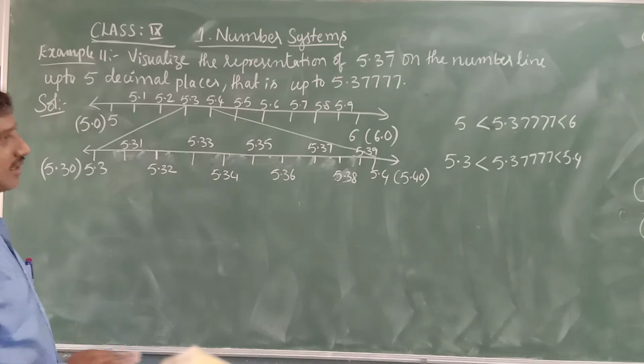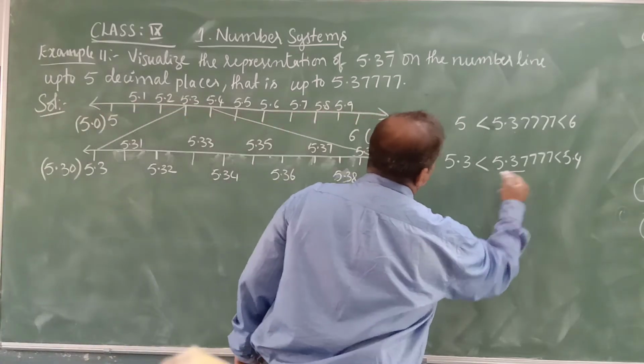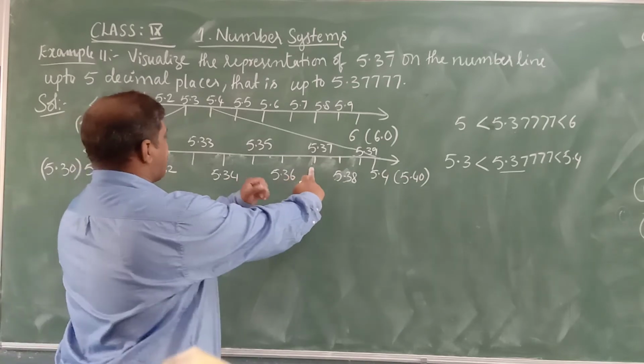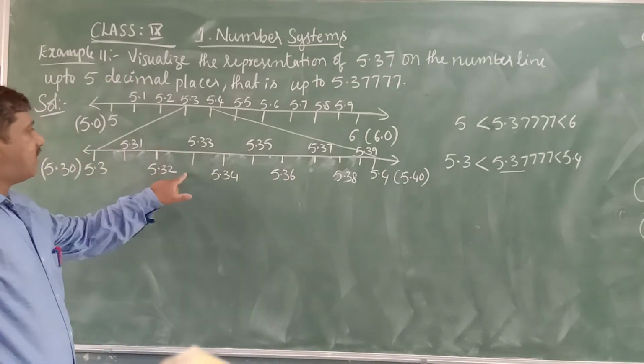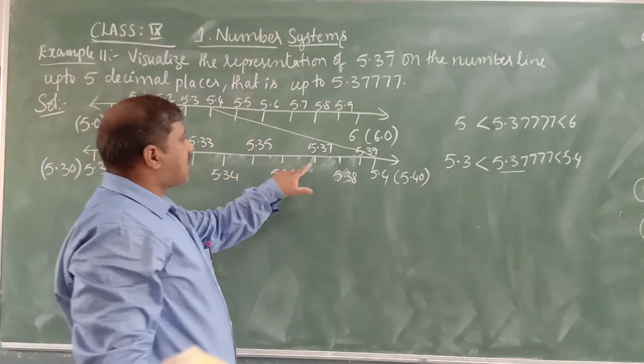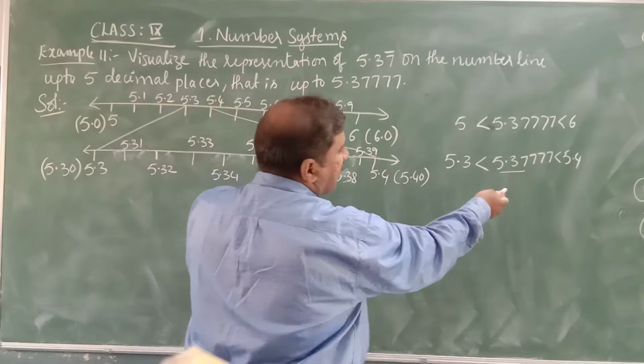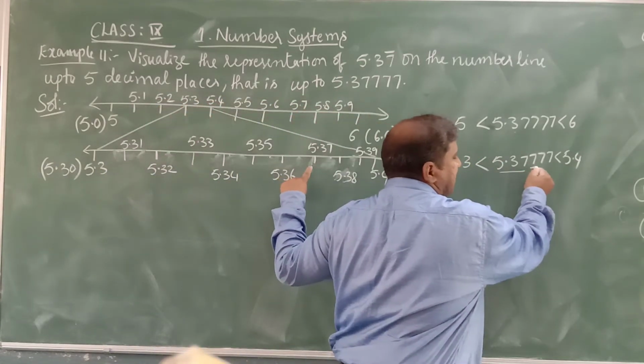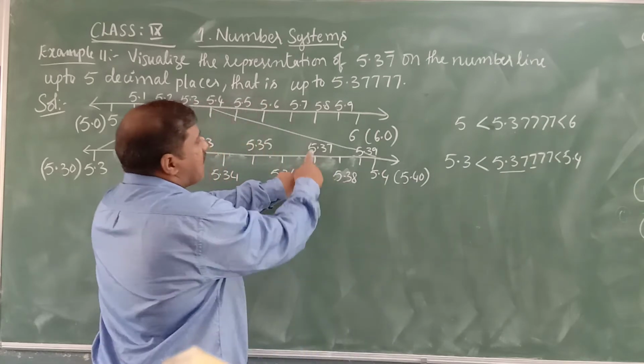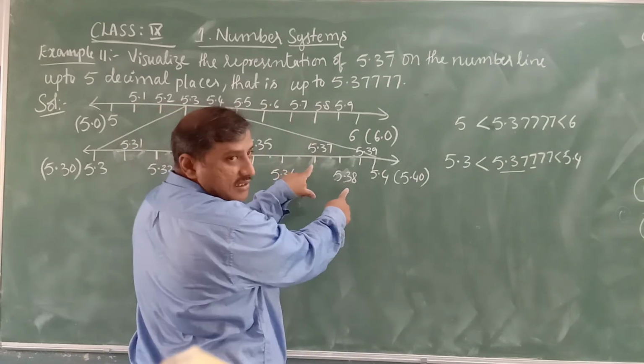Now you see this number 5.37. Yes, this is the place of 5.37. And next, for 5.37 again we have the third digit 7, so that lies between 5.37 and 5.38.